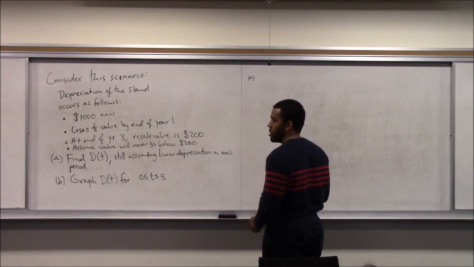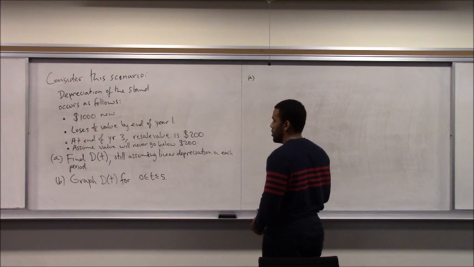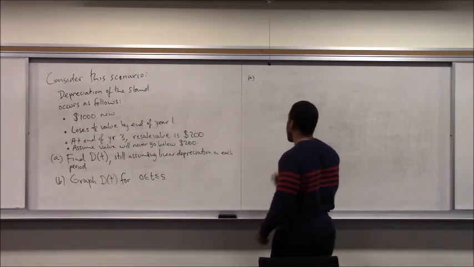Yeah, 1,000 times half in year 1. 500. Yeah, right, plus 100 per year after that. So it stops after 3 years, so you'd have to limit it somehow. Yeah, so how would you do that? How would you write that down?